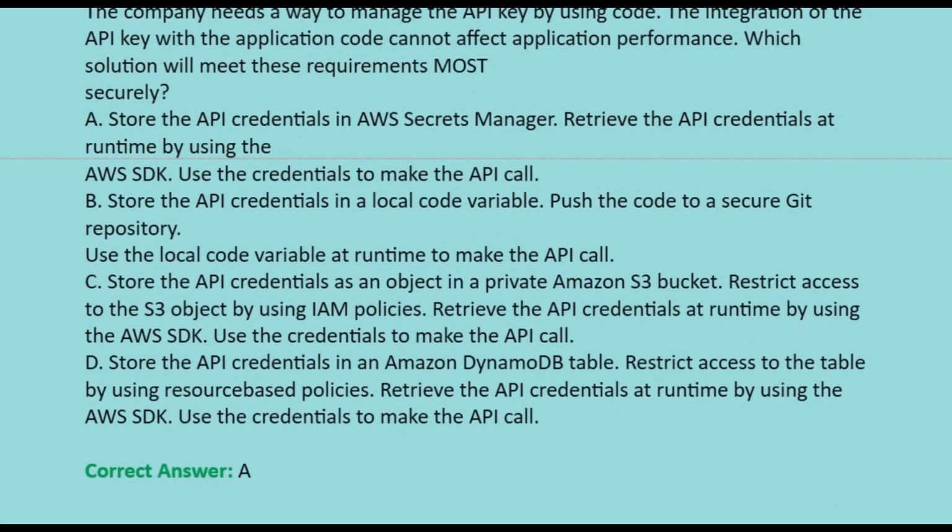Option D. Store the API credentials in an Amazon DynamoDB table. Restrict access to the table by using resource-based policies. Retrieve the API credentials at runtime by using the AWS SDK. Use the credentials to make the API call.